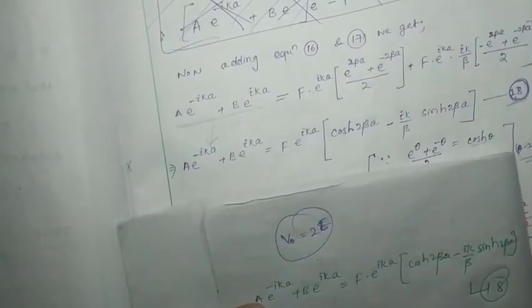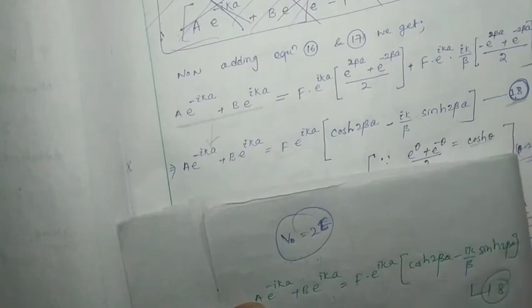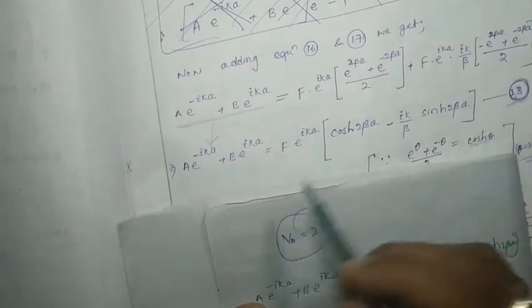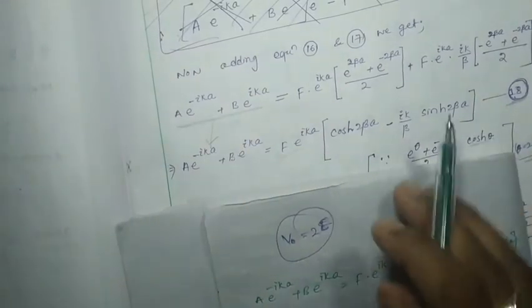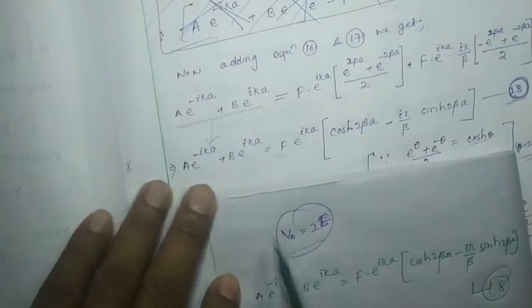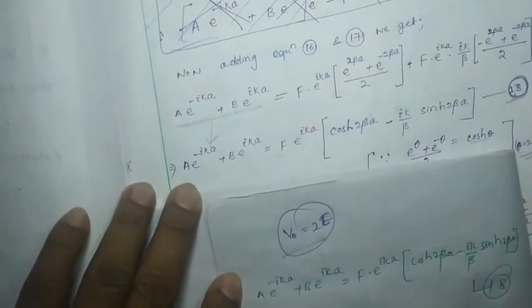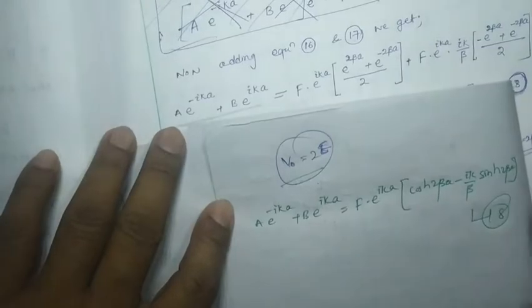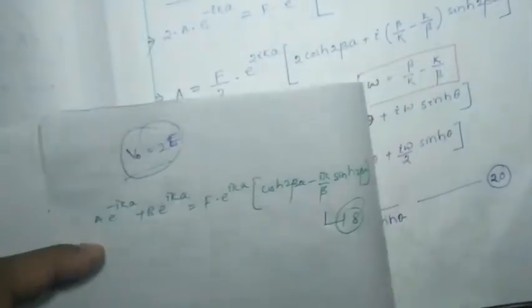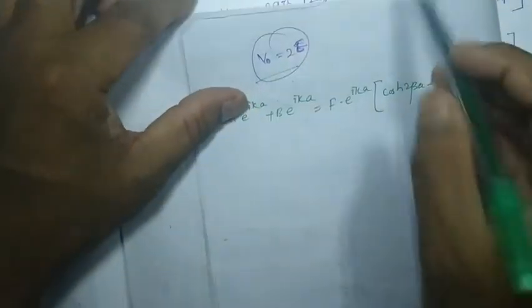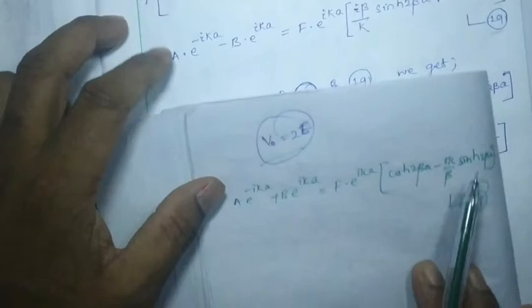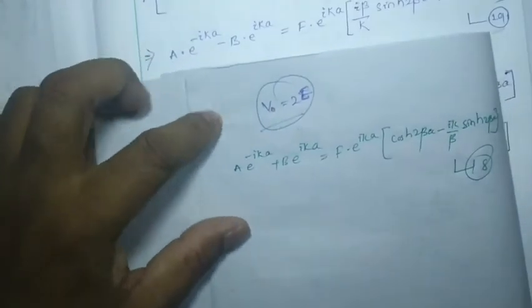Equation number 19 is on the next page and 18 on the previous page, so to discuss it will be somewhat difficult for me, only for that I have written this equation number 18 over here. Then we go to the next page and discuss what will happen when we add equation number 19 and equation number 18.